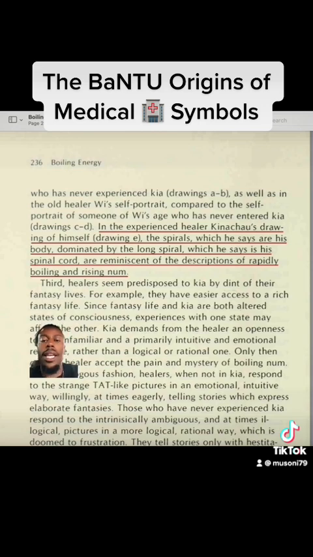And it says here, in the experienced healer, Kina Chow's drawings of himself, the spirals, which he says are his body, dominated by a long spiral, which he says is his spinal cord, are reminiscent of the descriptions of the rapidly boiling and rising Num.